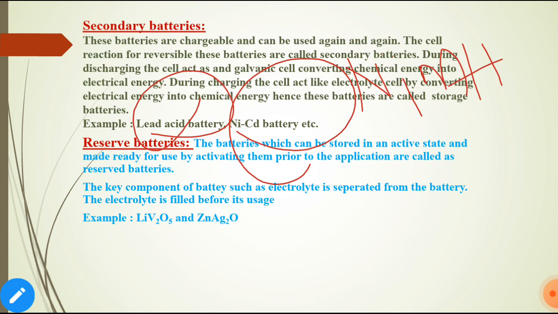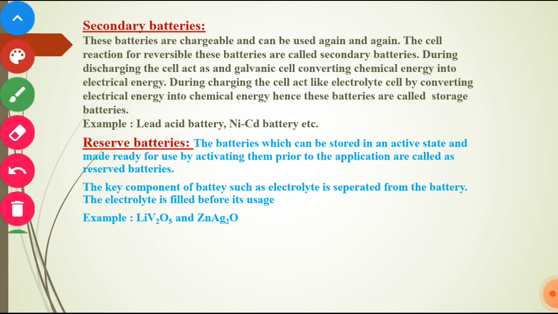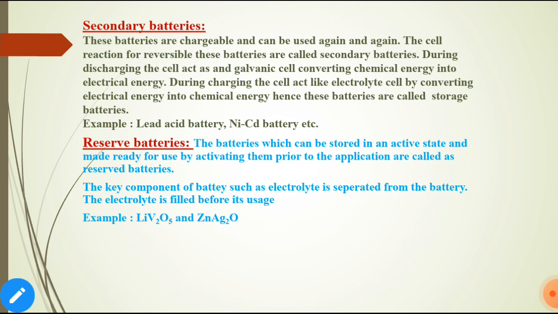Now let us see what reserve batteries are and their examples. Reserve batteries can be stored in an inactive state and are made ready for use by activating them prior to application, as the name reserve suggests.